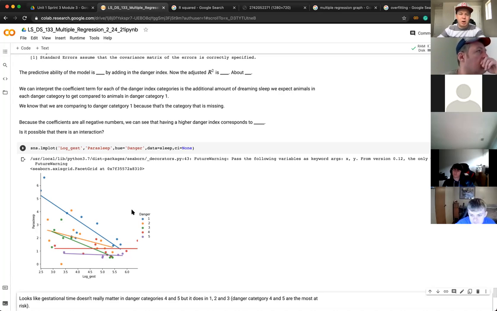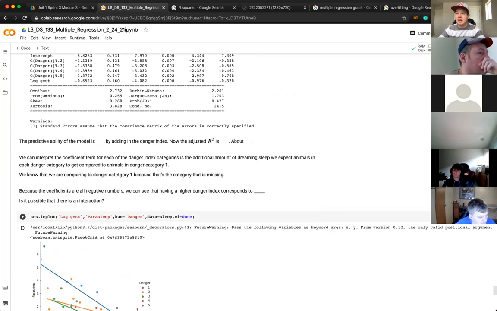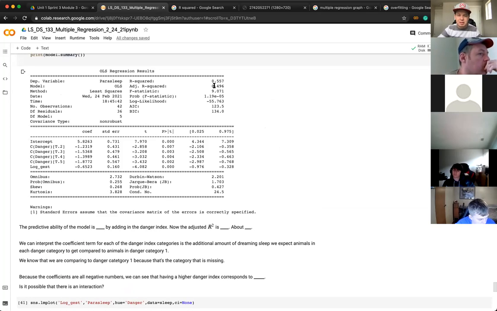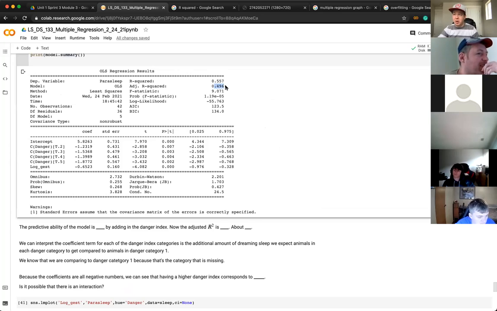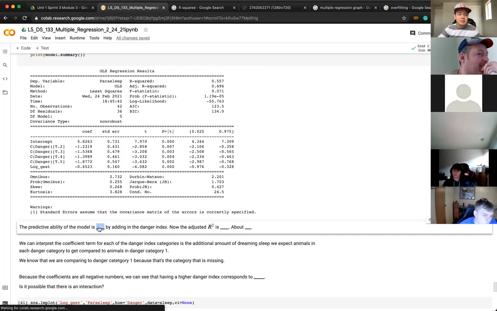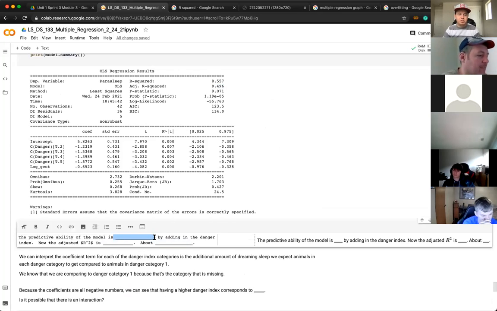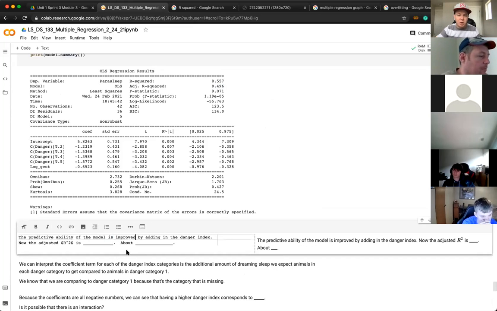Okay. So again, to come back up here to fill this in a little bit, we're going to say the predictability of the model is, well, our R squared went up a fair amount, right? It's improved by adding the danger index. Now the adjusted R squared is about 0.5.